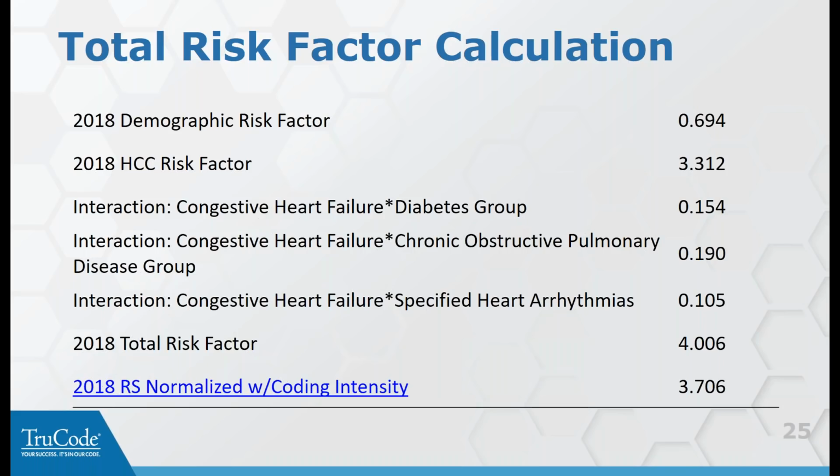I think they have a factor like that for every single year, where they try to back it off a little bit to make sure you're not getting too much credit for the codes that were assigned. So the total risk factor ultimately for that patient that we just looked at on the previous slide is 3.706.